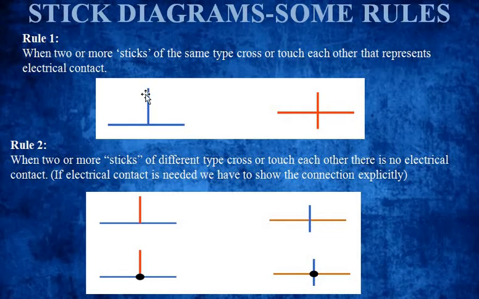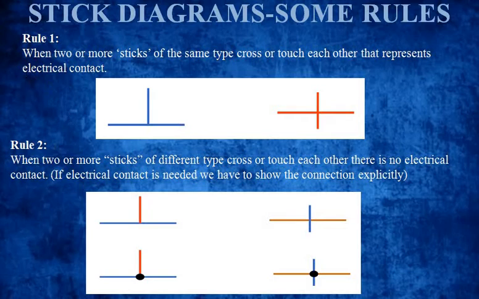If 2 metal sticks are interconnecting, crossing each other or touching, there is some electrical contact between them. Or if 2 polysilicons have interconnection between them, there is electrical contact. This is the first rule.